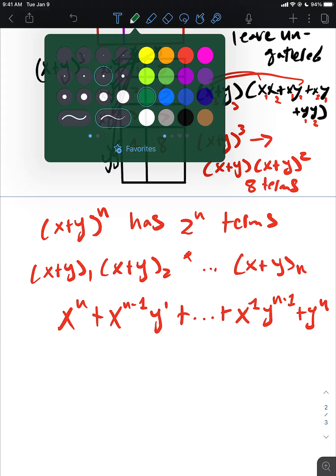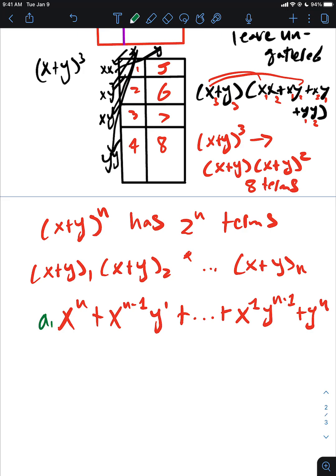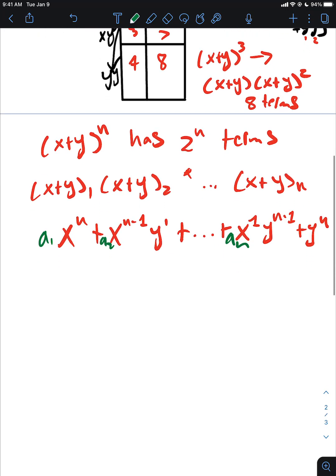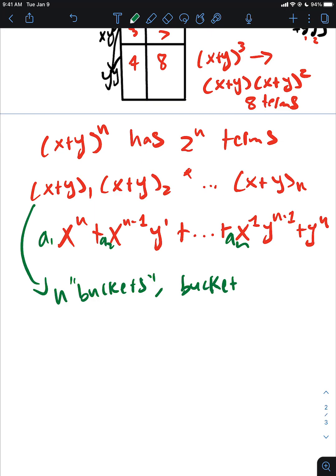So now the task is to just figure out what the coefficients are in front of these, because there are these coefficients that I haven't written in, a1, a2, an here. So how do we find those? Well, if we think about the process, we've got here n sort of buckets, where each bucket is defined to be an (x plus y) term.